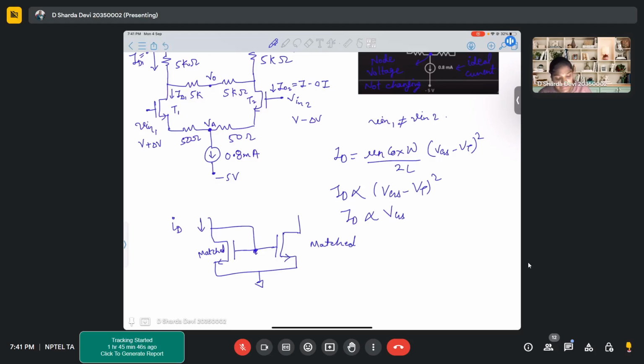So if both the transistors are perfectly matched, here also I'll see the same current ID flowing through the transistor. Correct? Yes, ma'am. So whatever is the current flowing through this transistor, we know that VGS of the transistors are equal, currents are equal. What about VDS? Can I say my VDS of both the transistors are equal?